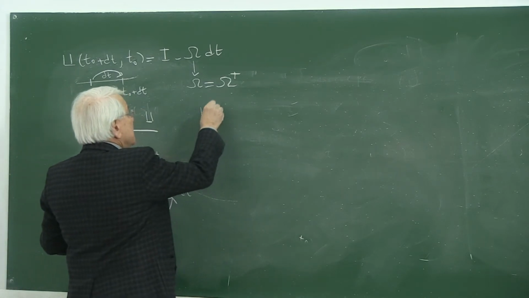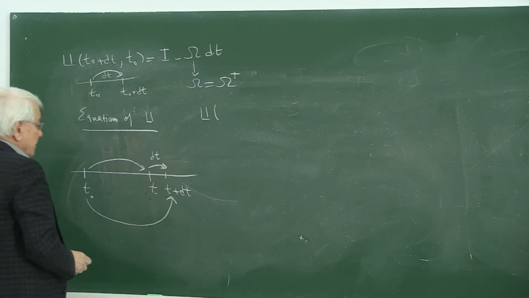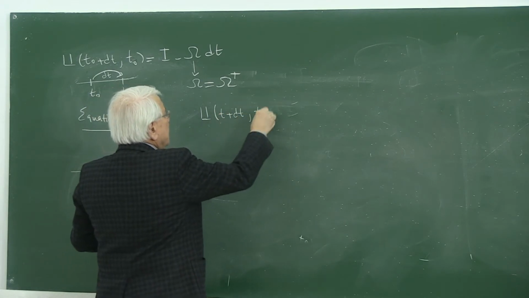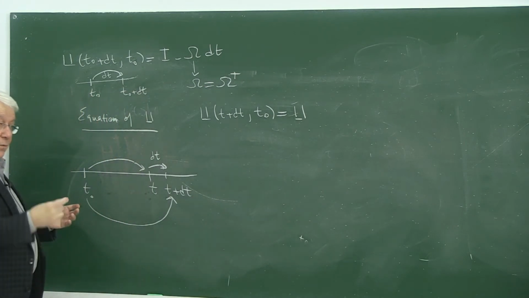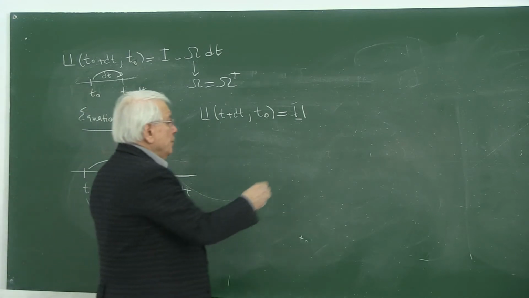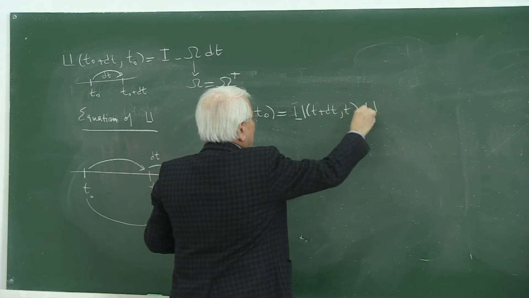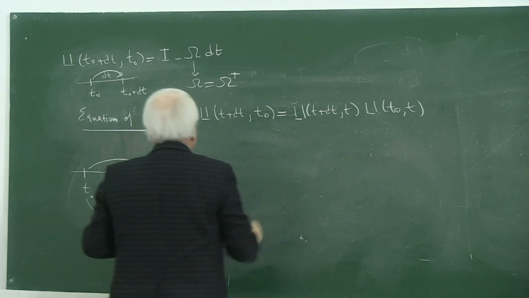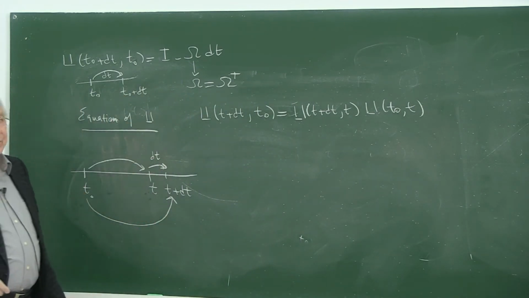I write the single step transition as U(t plus dt, t0), which should be the product of, as I said, you reverse the order. You write this transition first, U(t plus dt, t), and then U(t0 to t). Just describing two steps and single step.